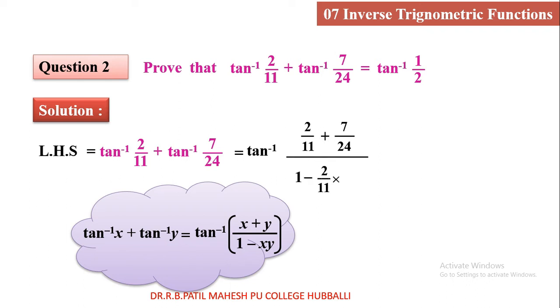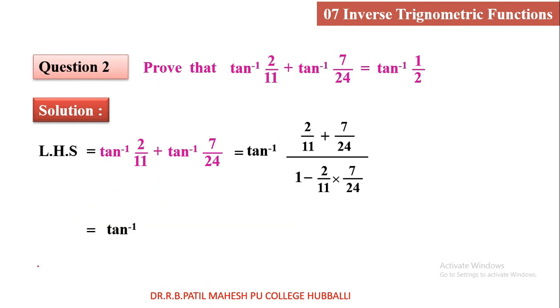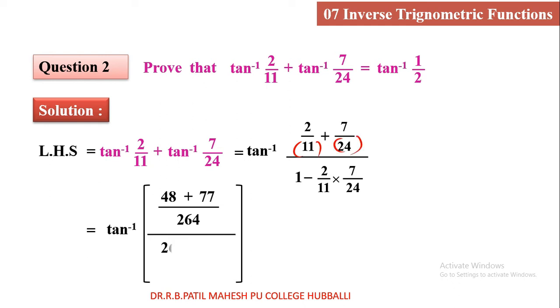Solve this expression like the previous example, taking the LCM and cancelling. Then you are going to get tan inverse of, see the simplification, cross multiplication and the LCM 264. 11 and 24 LCM is 264, divided by 264 minus 14 divided by 264. Simplification as we discussed in question number 1.